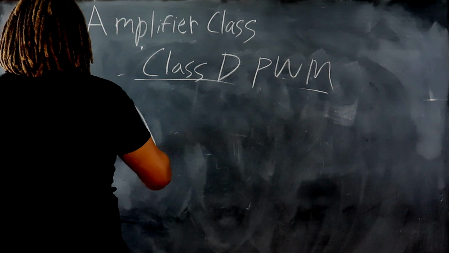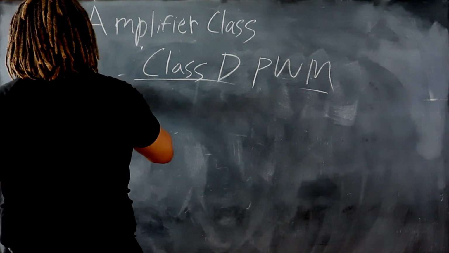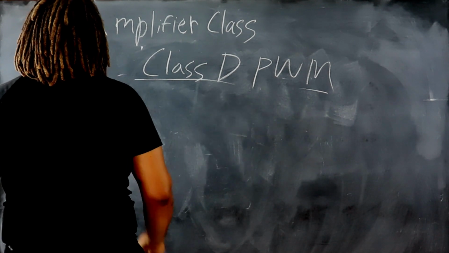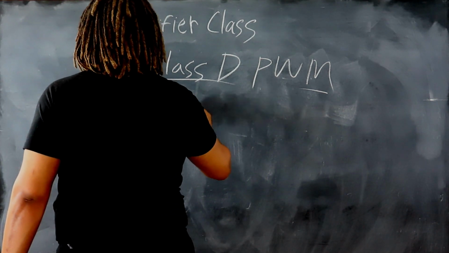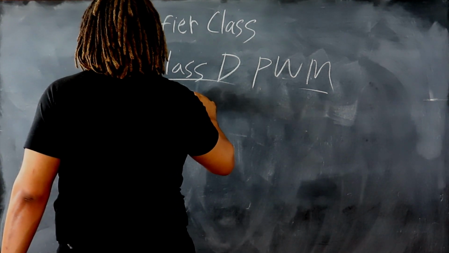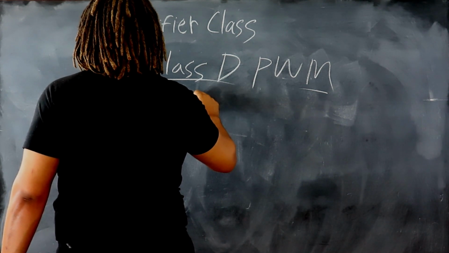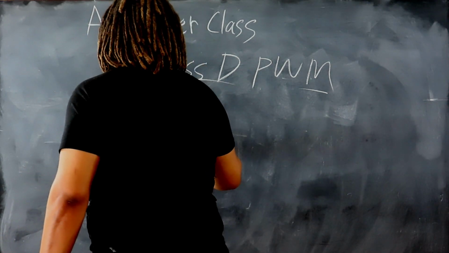So the topology for a Class D amplifier, which is also sometimes called a switching amplifier, and we'll see why here in a second, will look something like this.